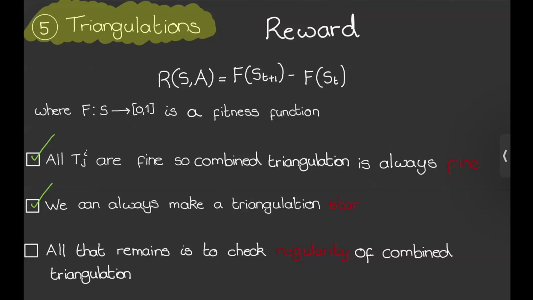And then there is a way of always making a triangulation a star triangulation, where you just take the height of the origin and pull it down, and you can therefore force it to be a star triangulation. So really the only condition we need to check is that the combined triangulation is regular. So that's what our fitness function is going to do: give a score on how regular the triangulation is.